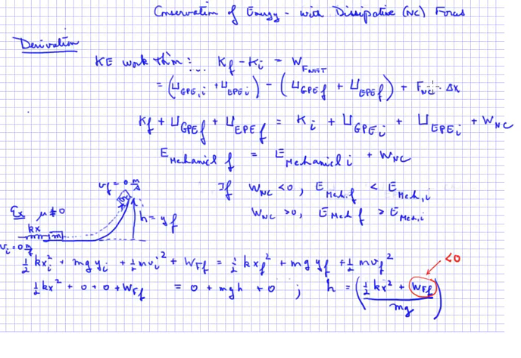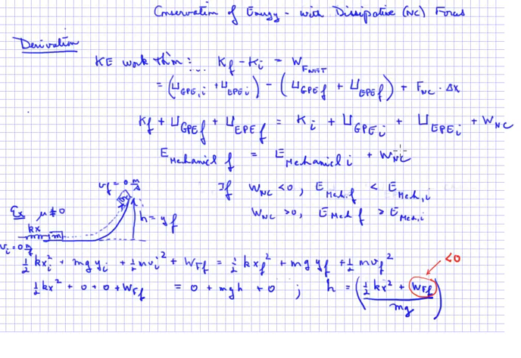And so if we put the terms that are subscripted with F for final all on the left side of the equal sign, and we keep the terms subscripted with I for initial all on the right side, and we keep this work done by non-conservative forces on the same side as the initial, what we end up with is that the final mechanical energy is equal to the initial mechanical energy plus the work done by the non-conservative forces.